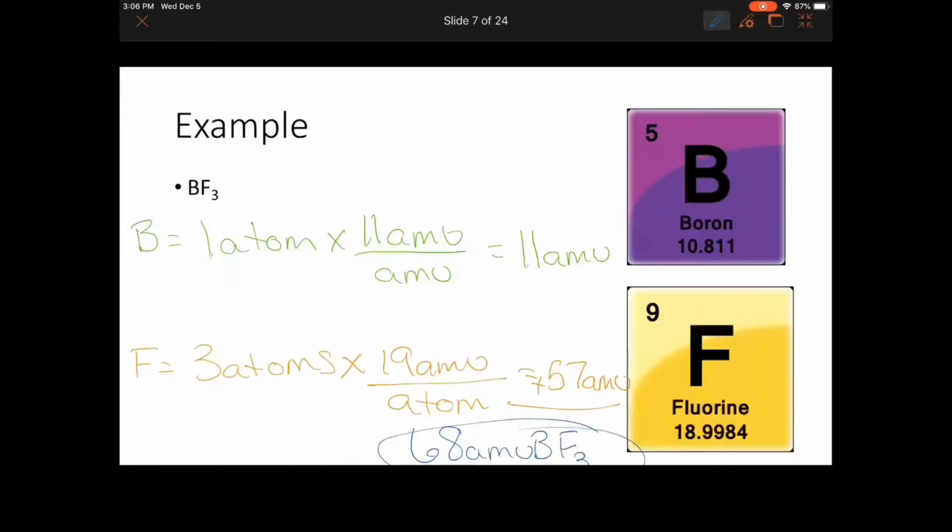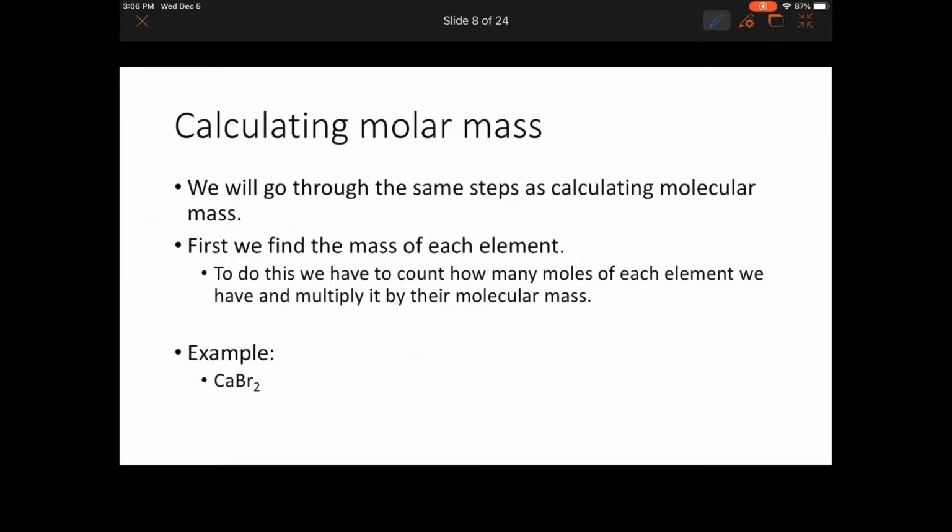All right, so let's now talk about calculating molar mass. We're going to go through the same steps as calculating molecular mass. At first, we're going to count how many moles of each element we have and then multiply that by their molecular mass.